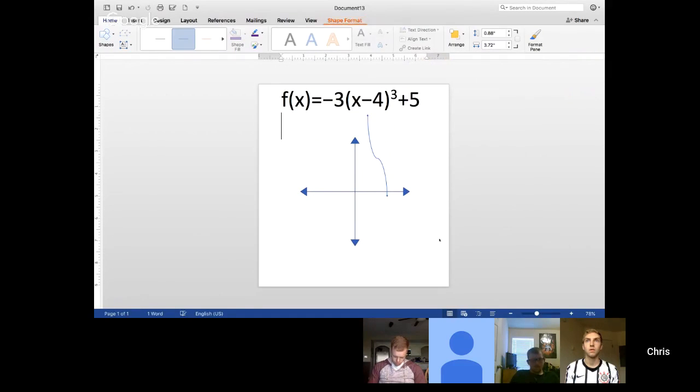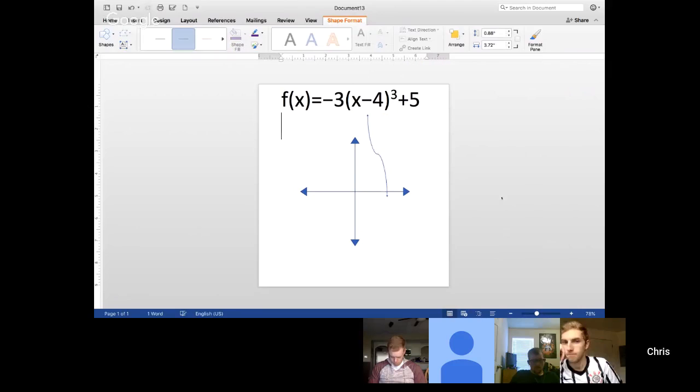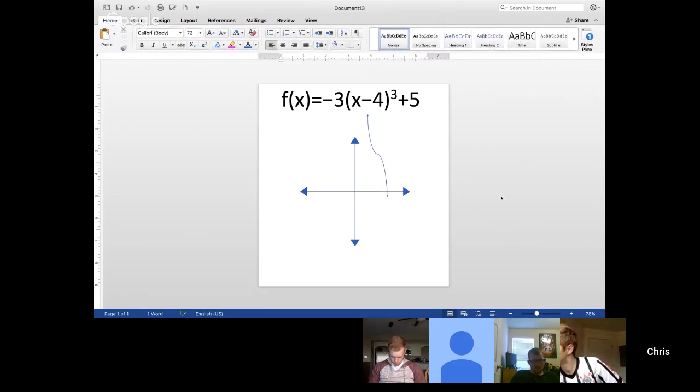Does that look about right? Yes. So shrink it down by 3 and then flip it because it's a negative. And looks like that should be it for that.